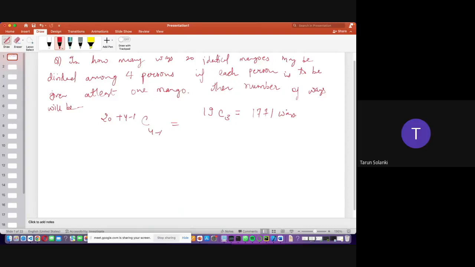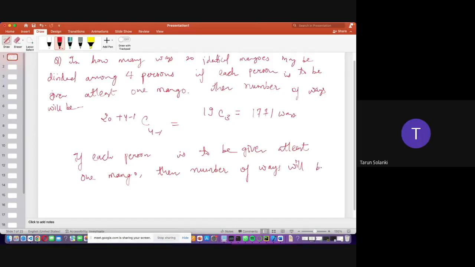Now if each person is to be given at least one mango, then the number of ways will be what?